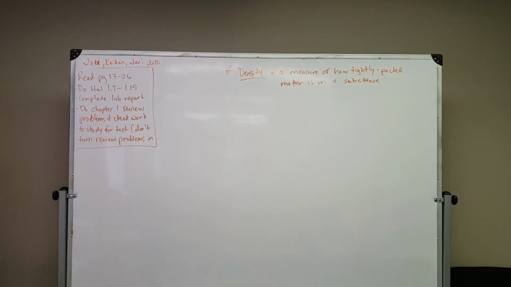So some substances, the matter's spread out, right? Other substances, it's really compact. It's tightly compacted together. And so for the ones where the matter is more compact, it's said to be more dense, okay? So that's what we mean when we're talking about density.